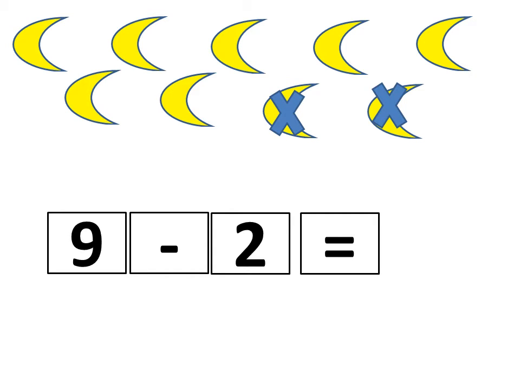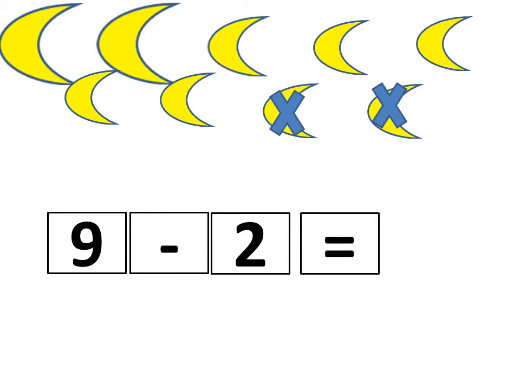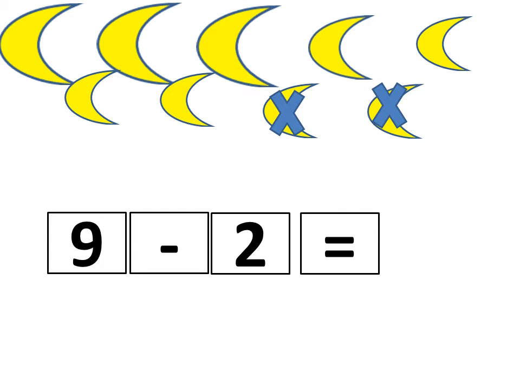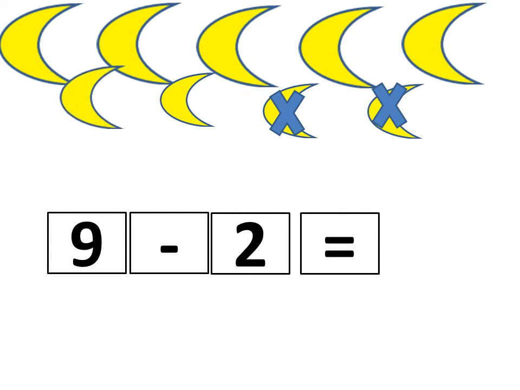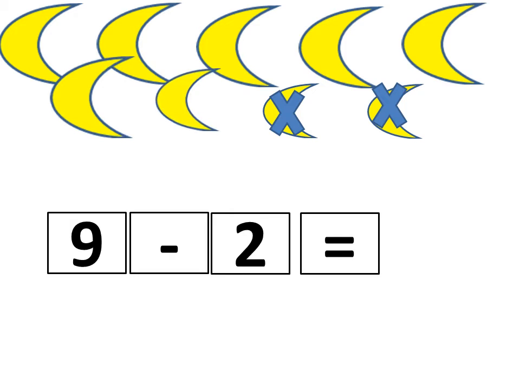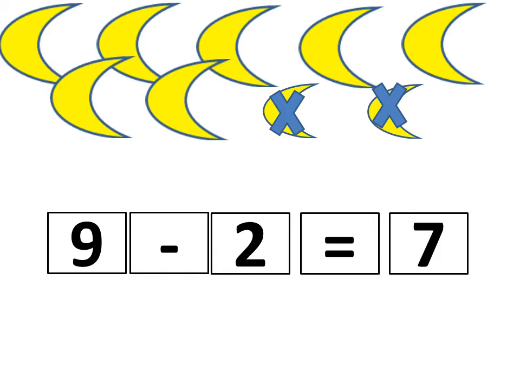So how many left? Let's count. 1, 2, 3, 4, 5, 6, 7. So the answer is 7 moons left.